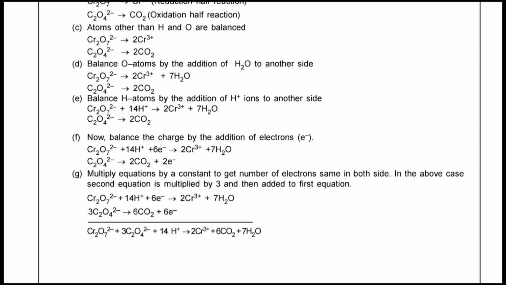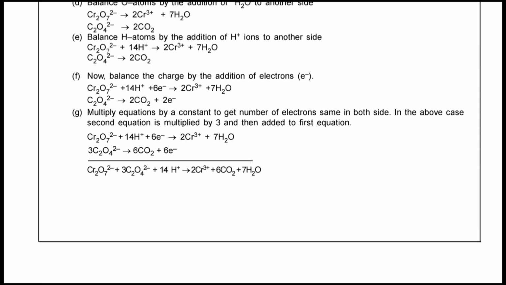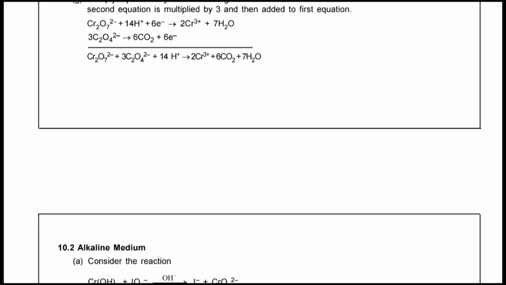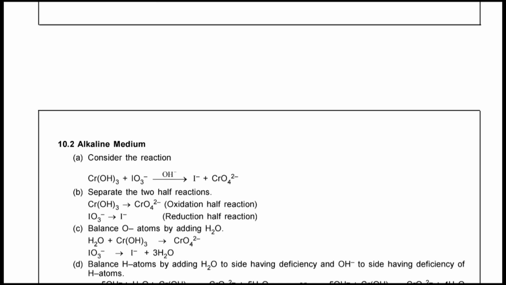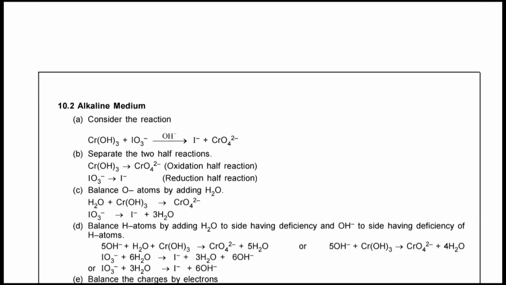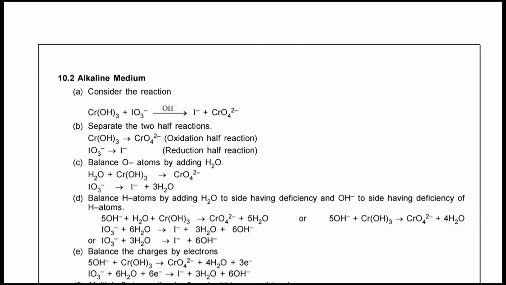In alkaline or basic medium, if we haven't been told about the medium, we will consider it as alkaline medium. Consider the reaction here. We convert this reaction into oxidation half reaction and reduction half reaction, and balance the oxygen atoms as we did previously, by adding water molecules.